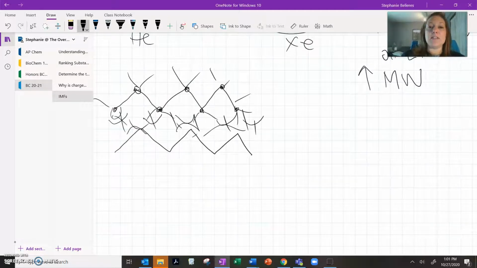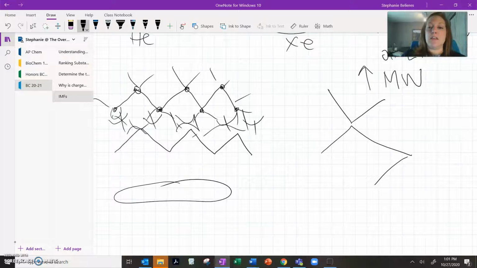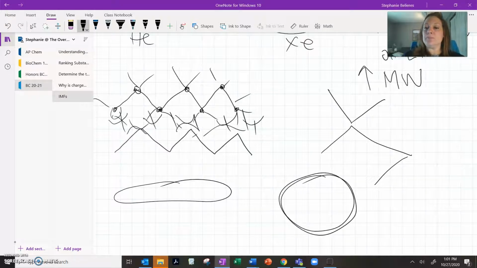Now let's say I have the same C7H whatever, but instead of the atoms being attached in a tetrahedral chain, it's more branched, so I end up with something like this. This looks like a long skinny thing, and this looks more like a circle.